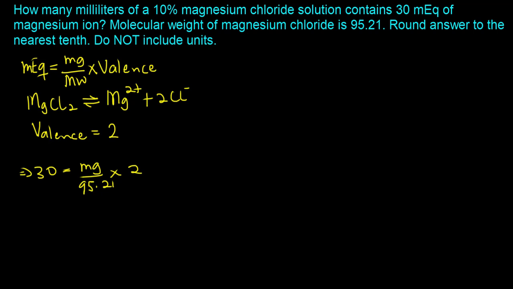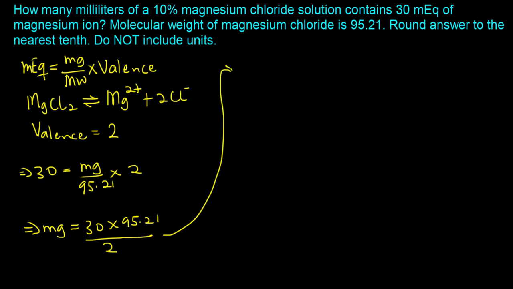So we can go ahead and solve for the quantity in milligrams, and so we have milligrams equal to 30 times 95.21 divided by 2, and that's going to be equal to 1428.15 milligrams.